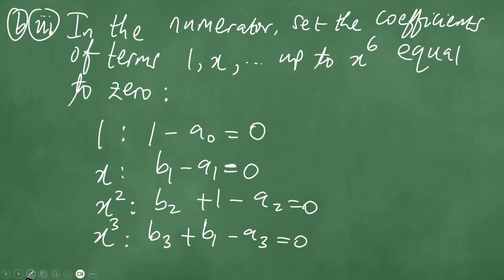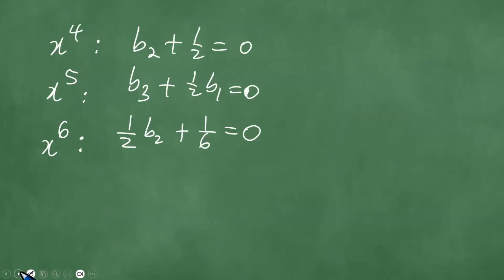If you look at it very carefully, I'm going to do it in the orange or yellowish color. It's easy to find A naught. It's 1. B1 is A1, not very useful here. Here you can find that B2, for example, equals minus 1/2.